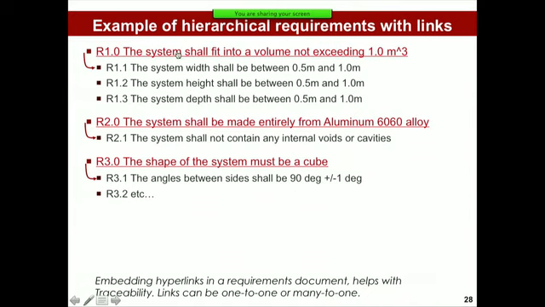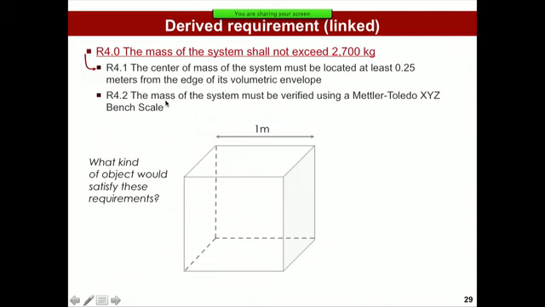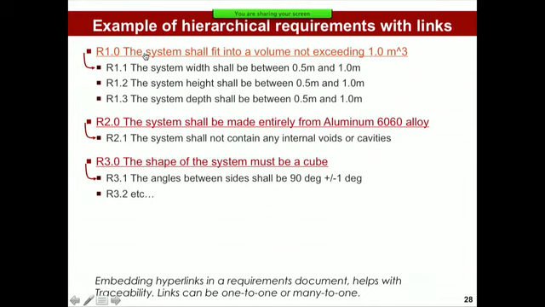And I did this here just in the slides, but if you click on this, it'll actually transport you to another requirement. This is requirement 4. The mass of the system shall not exceed 2,700 kilograms, right? Aluminum has a density of about 2,700 kilograms per cubic meter. So if I click back, it transports me back to the earlier requirement, right?